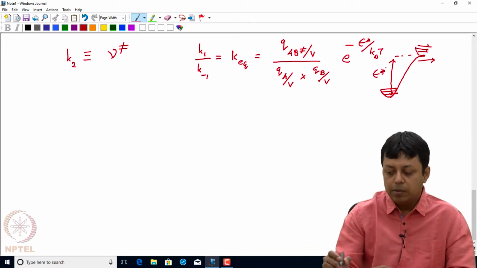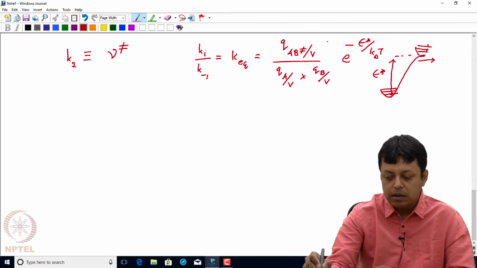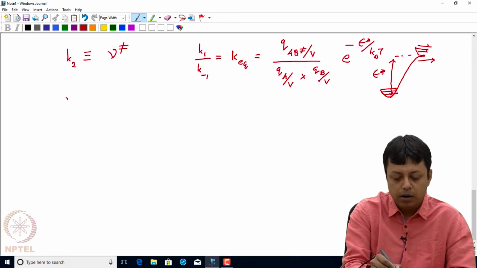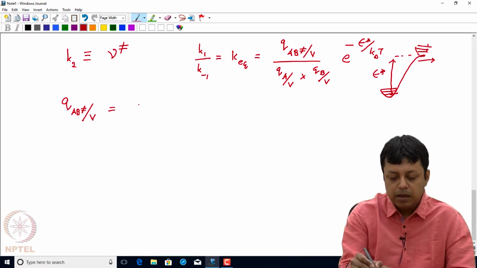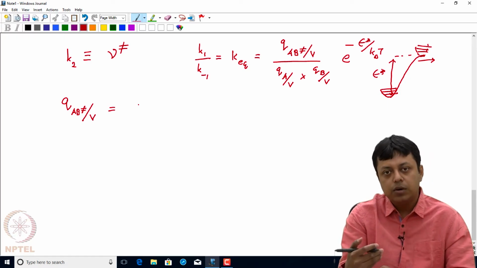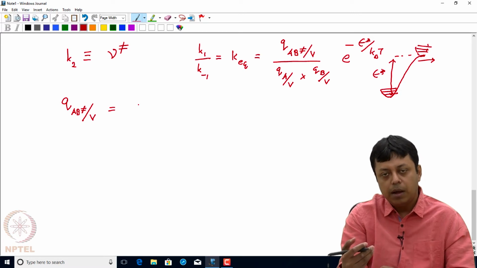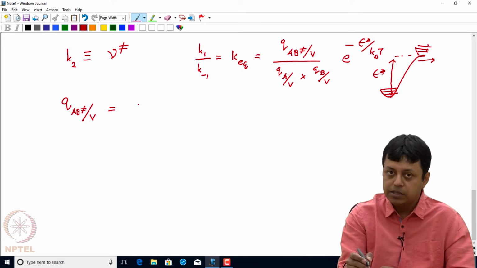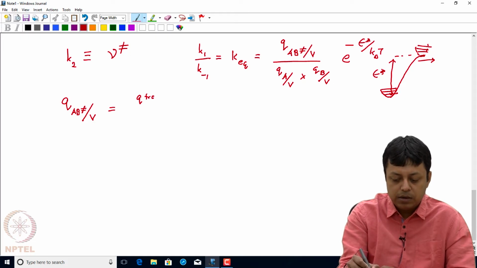Now think about it. Among this Q, the partition function for the transition state, which we denote as Q dagger by V, it contains translation, rotation, vibration as well as electronic partition functions. Now we can write it as composed of Q translation of the AB dagger.